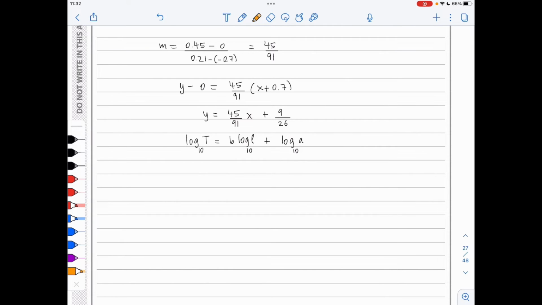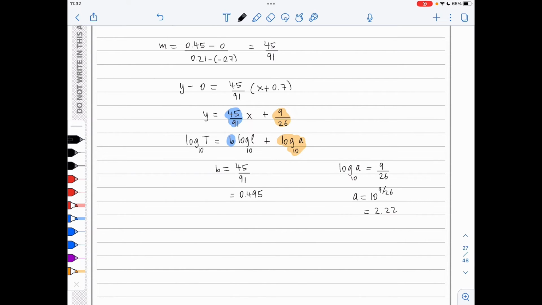So we can compare: the constant here matches the log A base 10, and the coefficient of x, the gradient, will simply be B. So we can say that B is 45/91, which to 3 significant figures is 0.495, and log of A base 10 is 9/26, which means that A is 10 to the 9/26, which is 2.22.